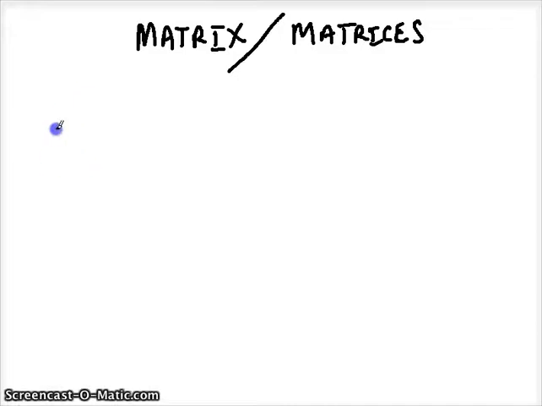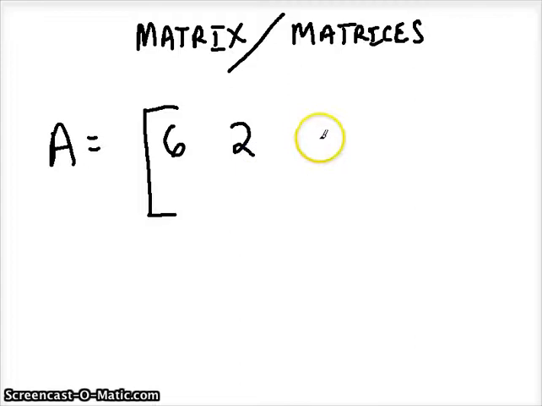So here's an example. We use these brackets to contain what are called entries in our matrix. And so we could have some values like that. So here we have a matrix.